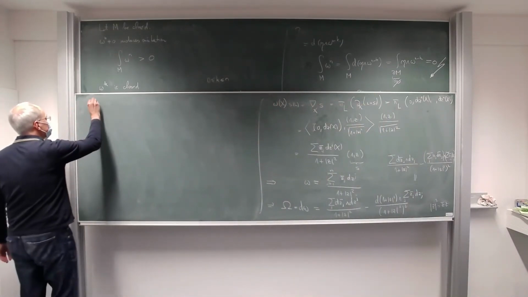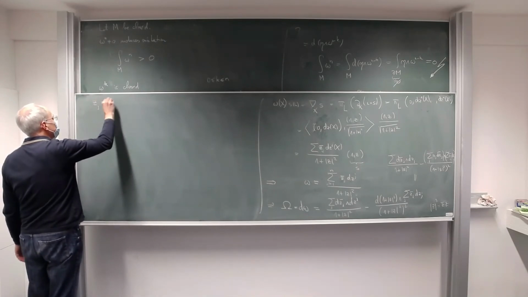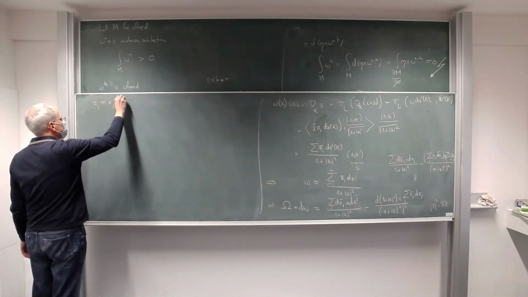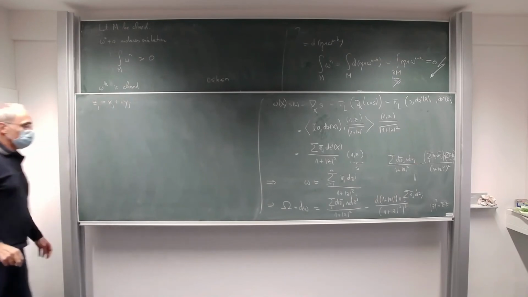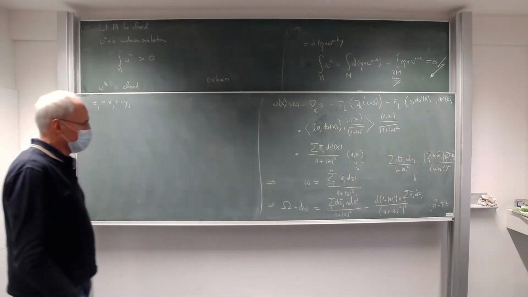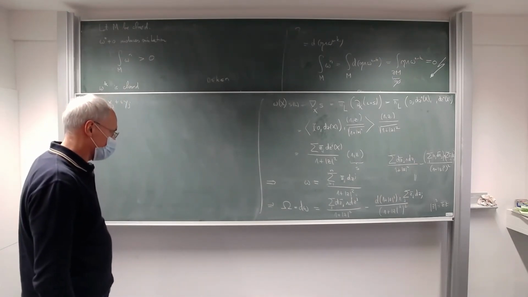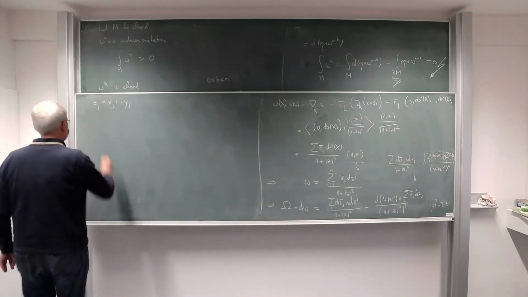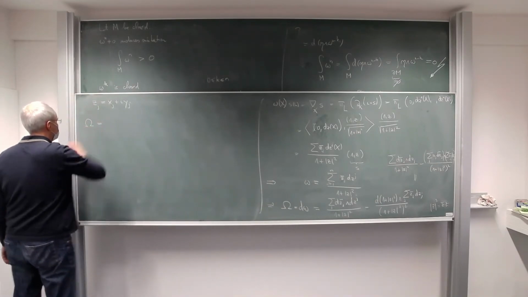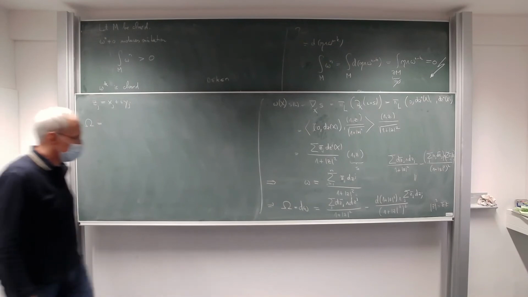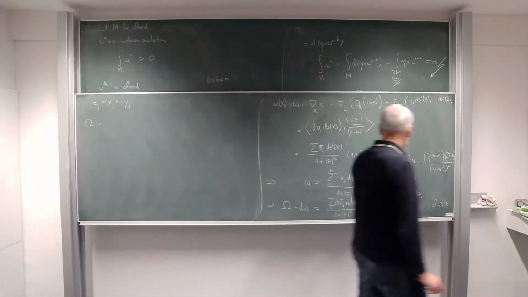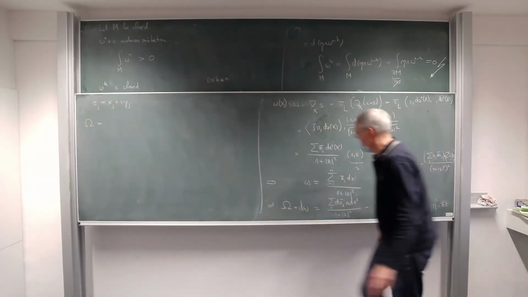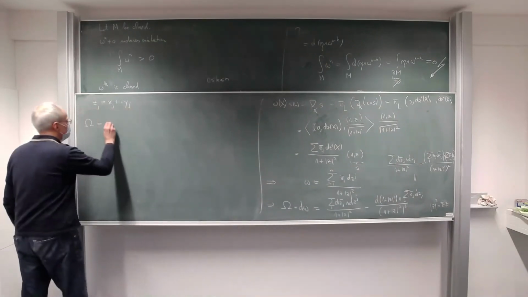So if you have these corresponding real coordinates, x_j and y_j are related to these complex coordinates in this obvious way. And then my omega becomes what? So let's look at this formula here. Okay, let me just insert it.